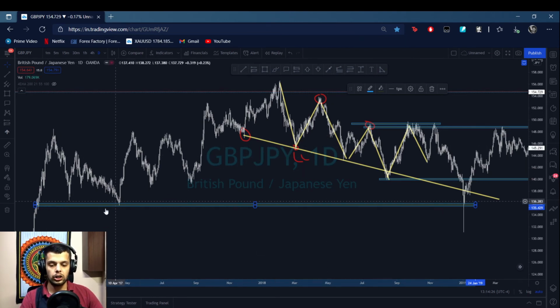Like this is a 1 day chart, and this support was on 17th April 2017. So it took months for the market to retest this level again. Whenever the market makes a support which is observed on a high time frame, like a daily or a weekly or probably a 4 hour time frame, that support is considered to be a very important and key area, and it's an area of value, because it can tell you where the market is going to bounce from, and if the market bounces from there, the bounce is actually huge.